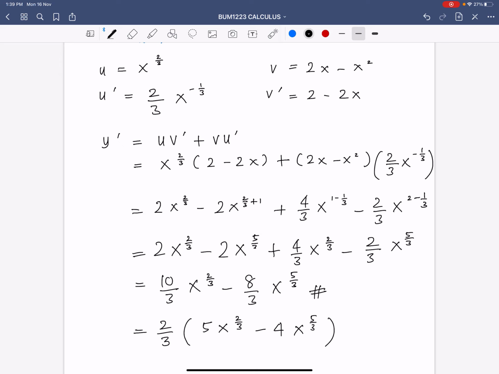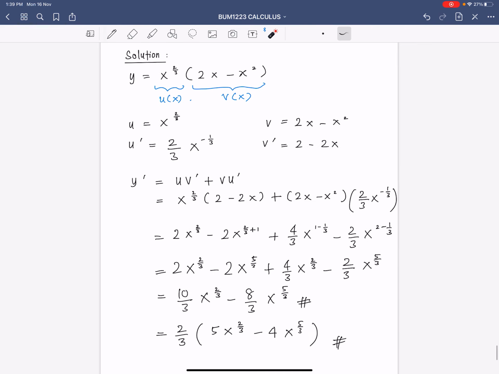So either you give your answer like this, or you can also give this one. Okay, that is y prime for the given function y.